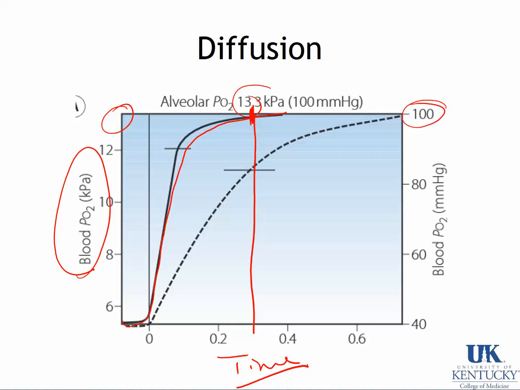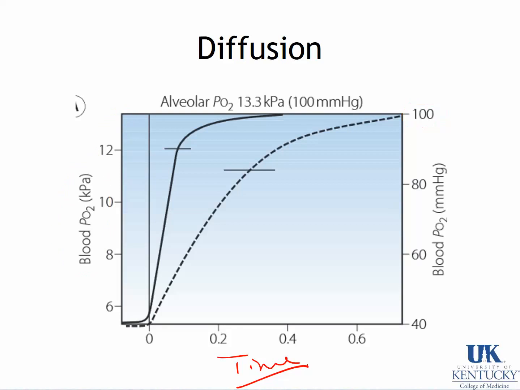Under circumstances of increased cardiac output, such as occurs with exercise, the amount of time that the blood spends in the lung unit is less. It can become as little as 0.25 seconds, instead of 0.75 seconds, which is what normally occurs.